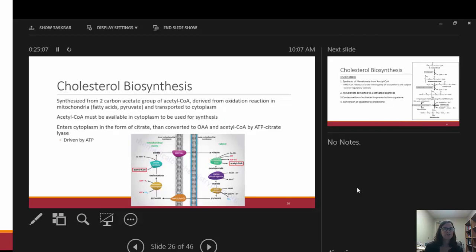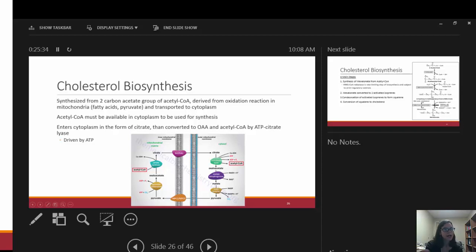Now, the first step of cholesterol synthesis is that we need to have a precursor of acetyl-CoA, which sounds familiar, derived from the oxidation reaction in the mitochondria, either from our fatty acids or from pyruvate. The acetyl-CoA is then transferred into the cytoplasm.